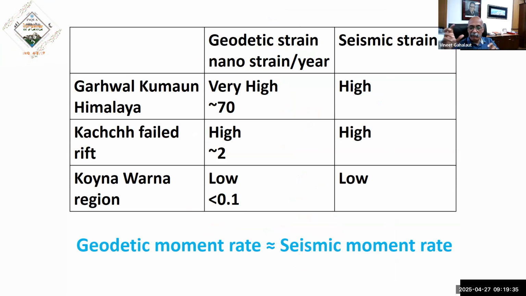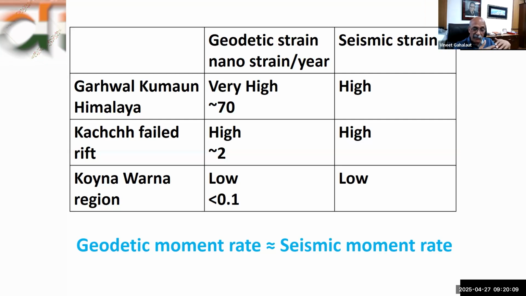We say that if a region is going to produce an earthquake, and if an earthquake occurs, the strain release is of the order of 10 to the power minus 4. In a convergent margin, in a subduction zone, the strain is about 100 nanostrain, 10 to the power minus 7. In a non-plate-bound region, within a stable continental region, the strain could be in terms of nanostrain.